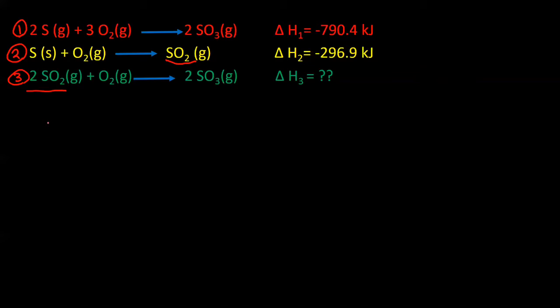So I can say I need to flip reaction number 2 and also multiply that by 2. So I do it. So reverse of reaction number 2, and then multiplying that by 2.